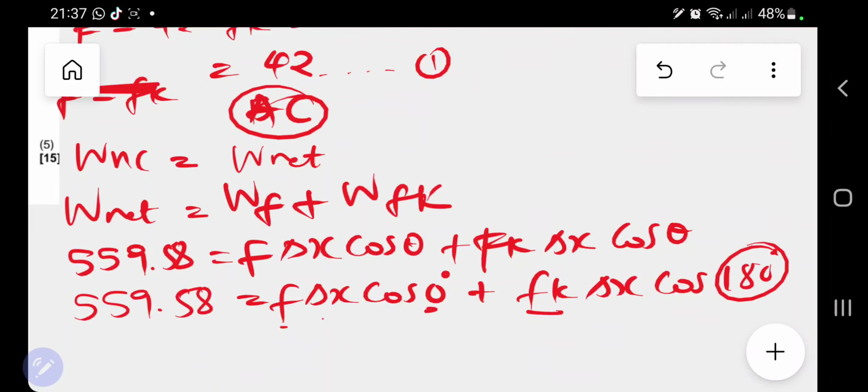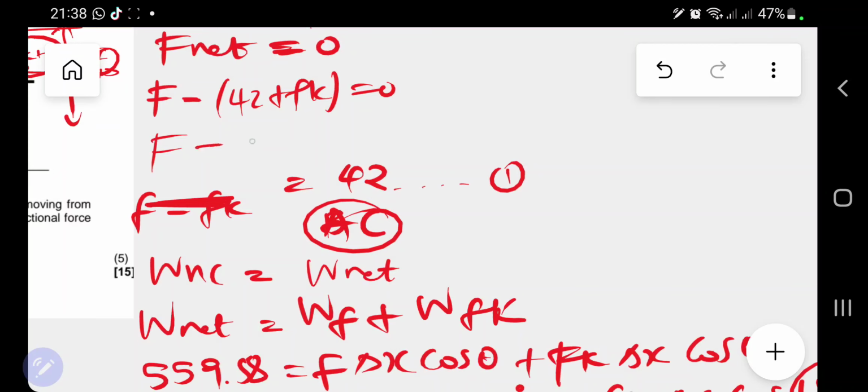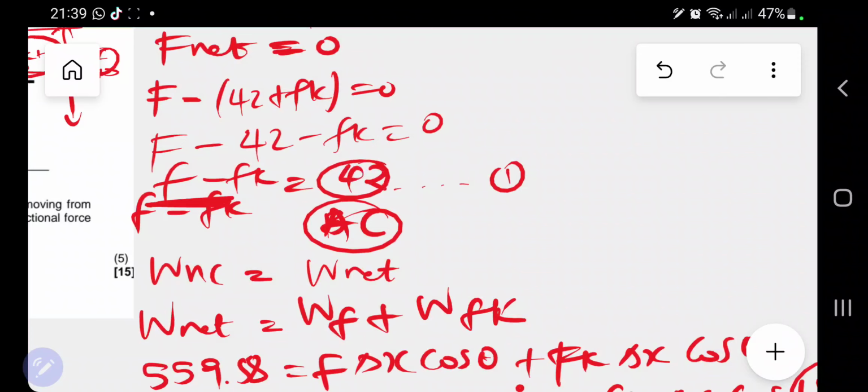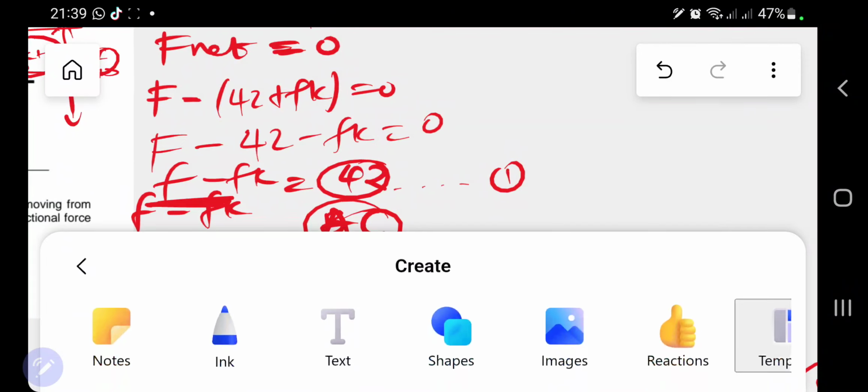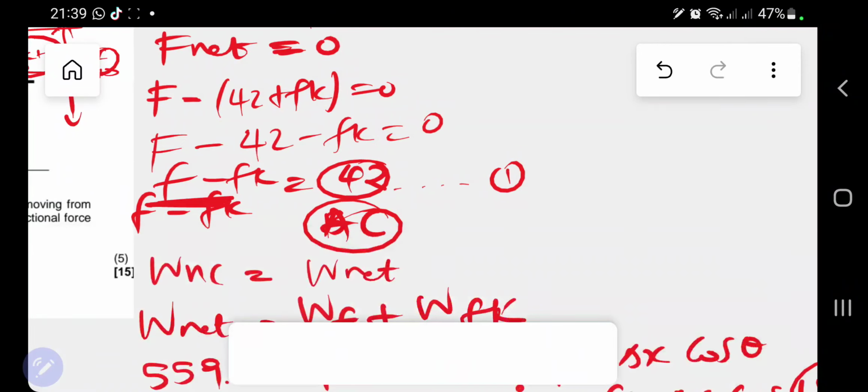I just want to substitute that. F minus Fk equals 42. So the value of 42 is basically F minus Fk.